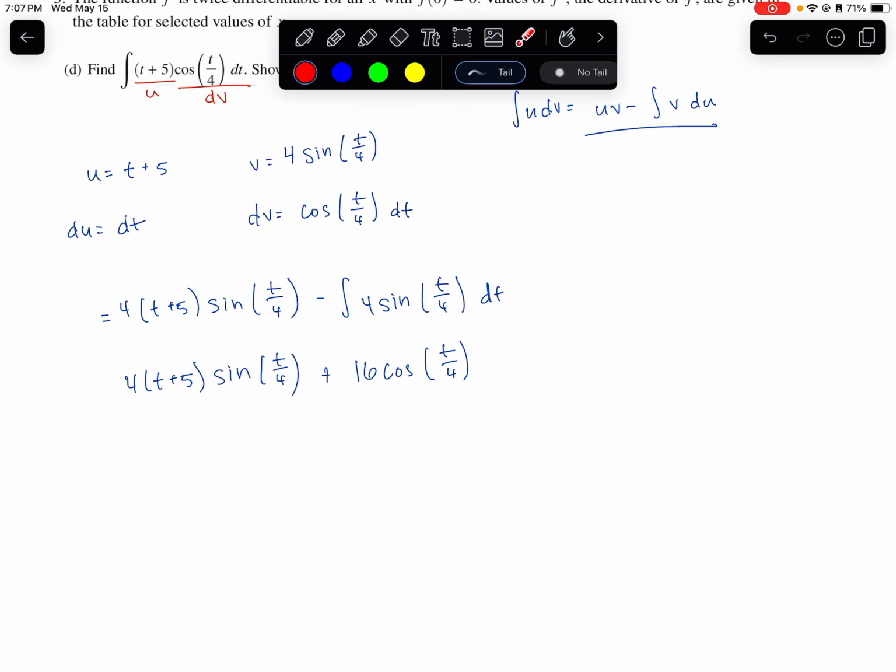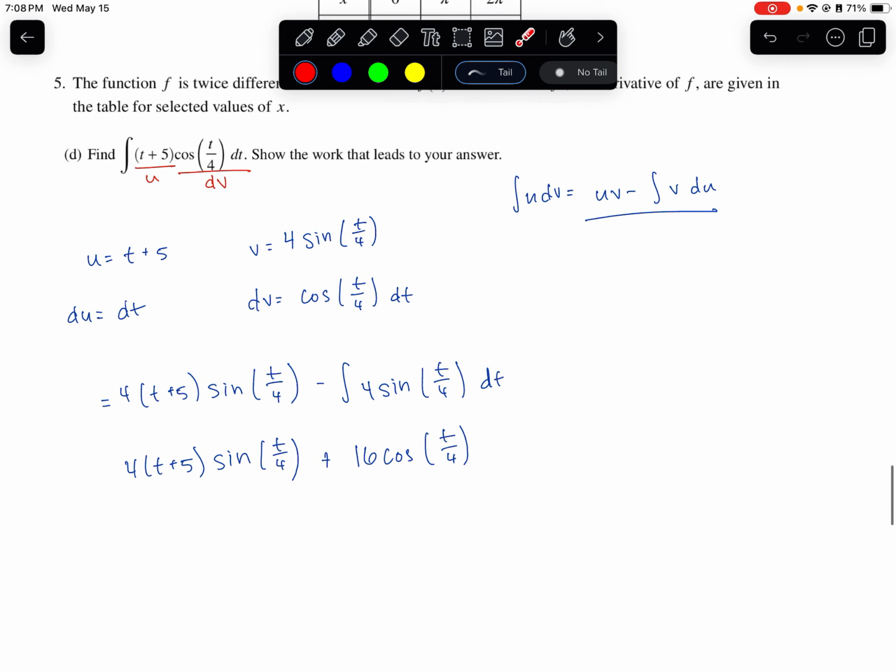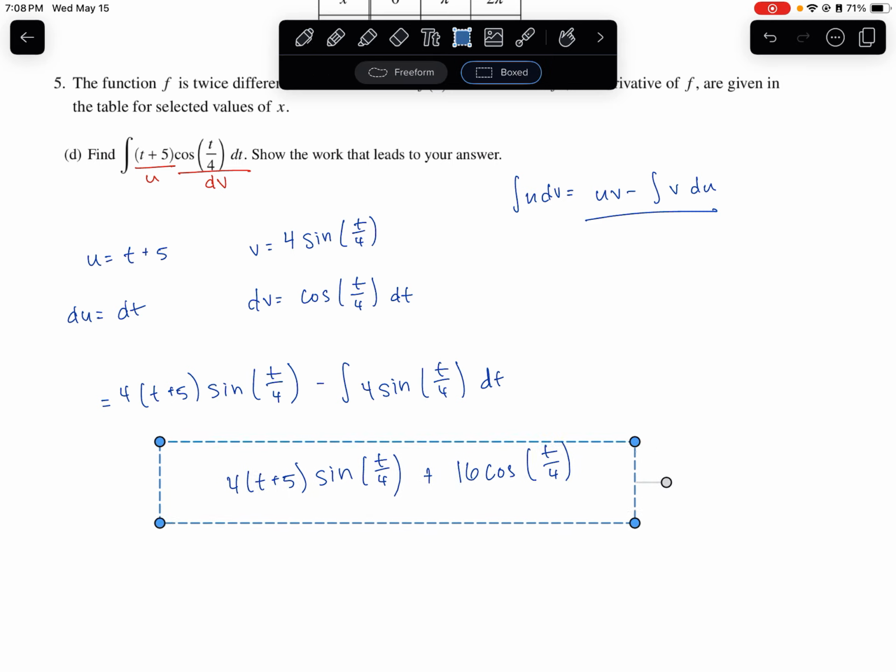Okay, let me just make sure that this is right. If I take the derivative of cosine, that's going to be negative sine, and then multiply by 1/4, so then that would reduce to 4. So, okay, this right here should be the solution to my integral.